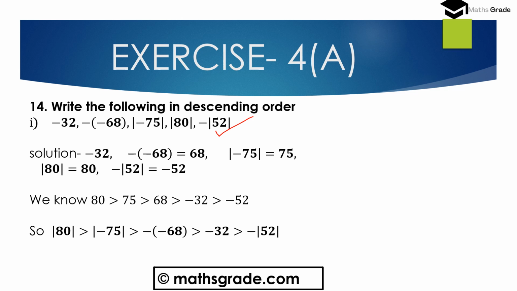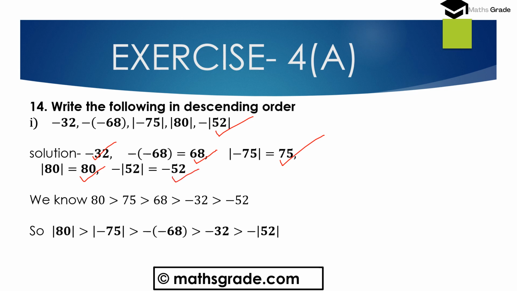We know minus 32 is minus 32, and minus of minus 68 is positive 68, a positive integer, and absolute value of minus 75 is positive 75, a positive integer, and absolute value of 80 is 80, a positive integer. Minus of absolute value of 52: absolute value of 52 is positive 52, so minus of absolute value of 52 is minus 52.